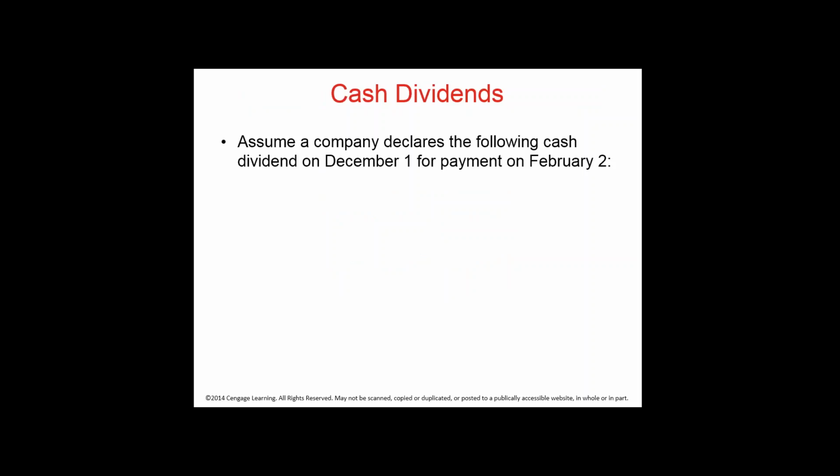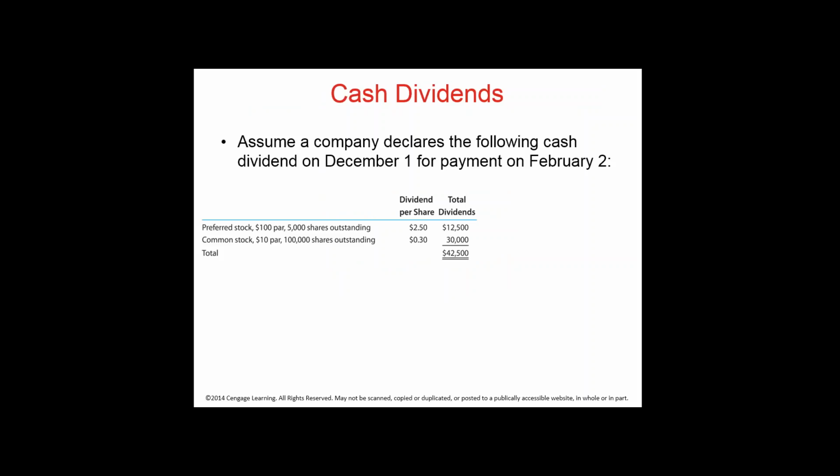All right, so we're going to declare a cash dividend on December 1st for payment on February 2nd. What do we need to do with this? They've decided to pay on the preferred stock $2.50 per share, and on the common stock 30 cents per share.